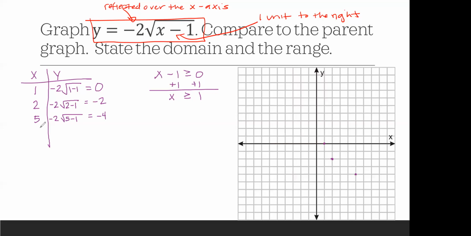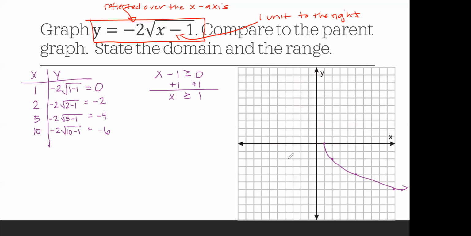And then I'm going to plug in 10 as my last point, because 10 minus 1 is 9, and 9 is a perfect square. The square root of 9 is 3, and 3 times negative 2 is negative 6. So when x is 10, y is negative 6, which is down here. So then I draw my graph.